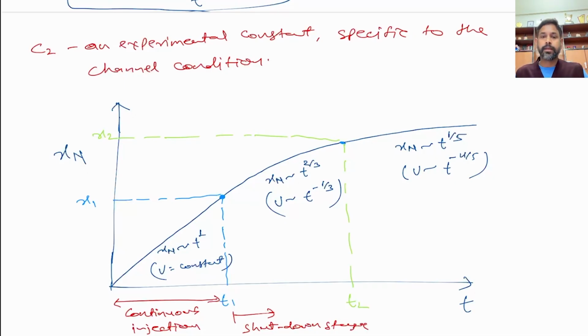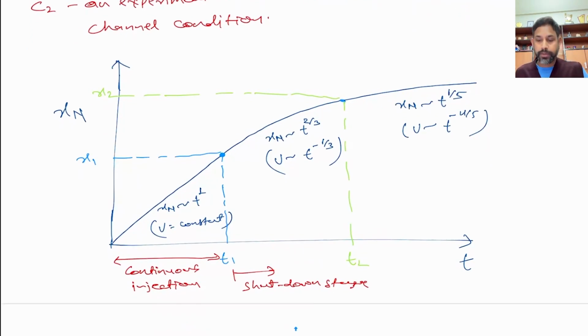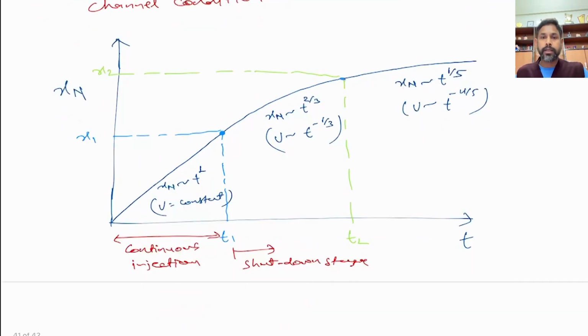Okay, so this is how a gravity current flows and evolves. The length increases with respect to time linearly in the beginning when there is continuous injection. That means your velocity is constant, but the moment you stop injecting denser fluid, it increases with the 2/3 power of time, and then velocity starts decreasing with the 1/3 power of time in the beginning when Reynolds number is still greater than 1.